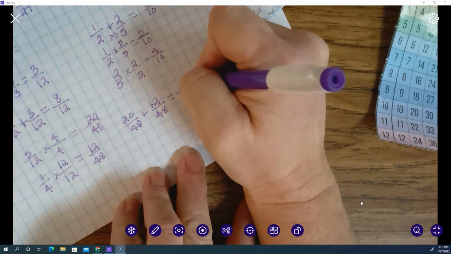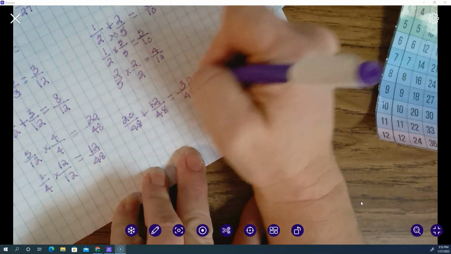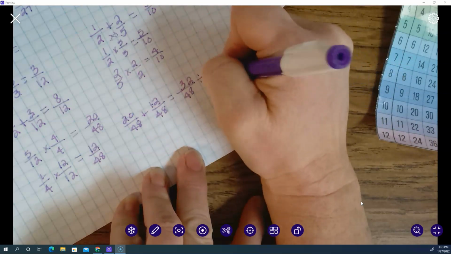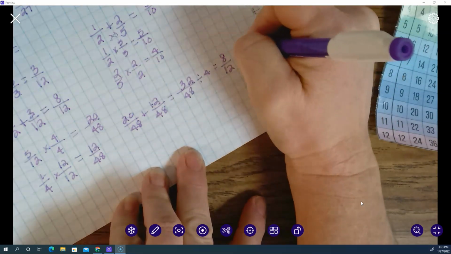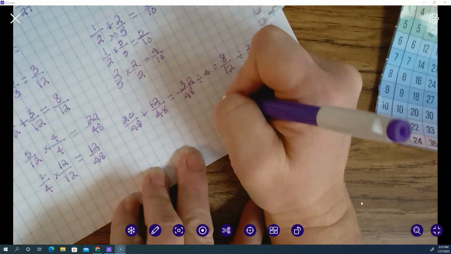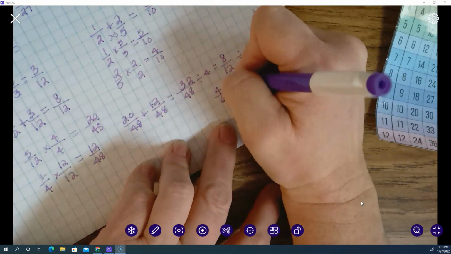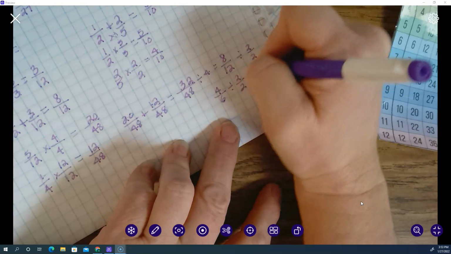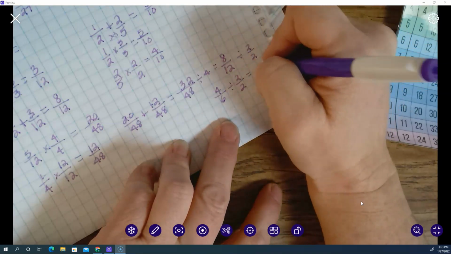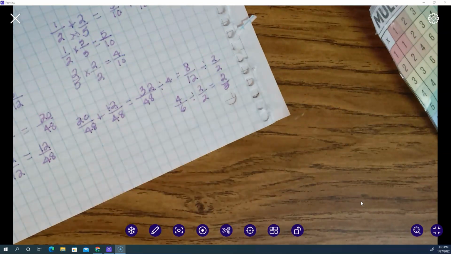So if I divided both of them by 4, that would be 8, and that would be 12. Oops, I can divide again. I can divide by 2 again. 8 divided by 2 is 4, 6, and I can divide by 2 again. I know I'm just making a mess of this. I know I am. 2/3. That's just a little extra.